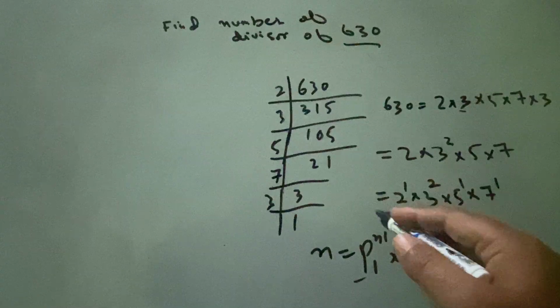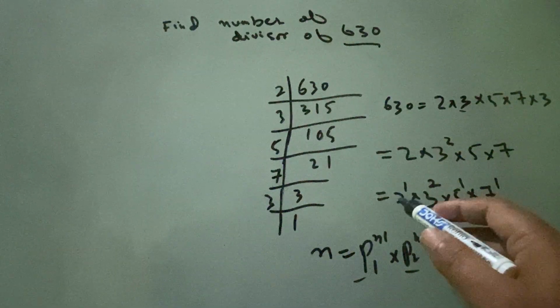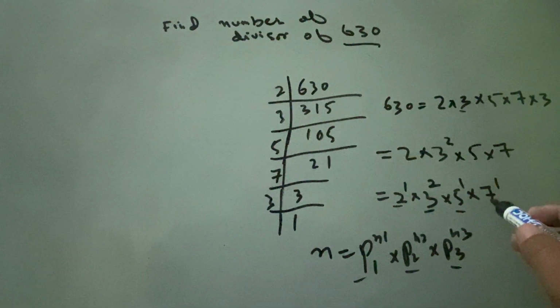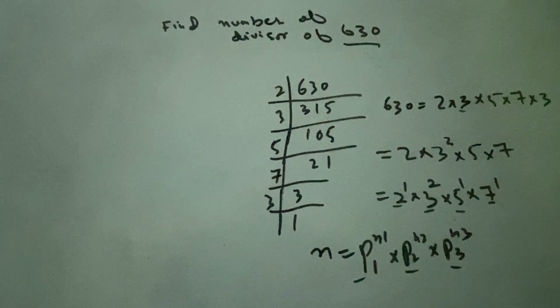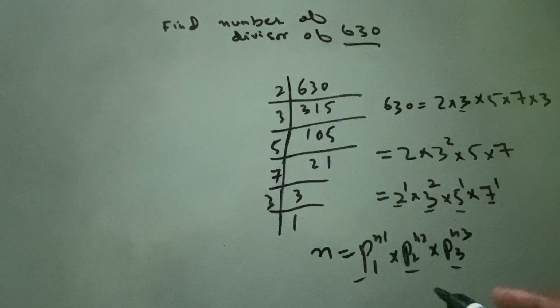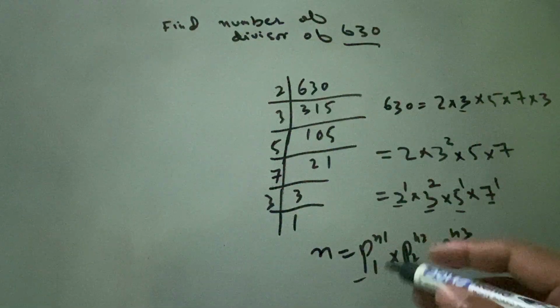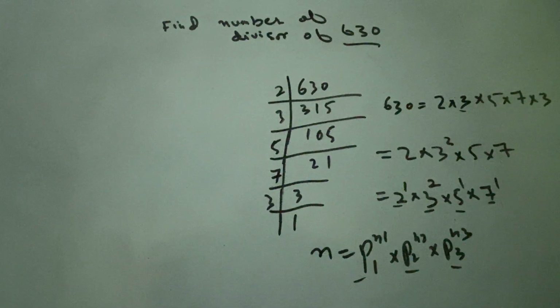Same case here: for 630, the 2, 3, 5 and 7 are prime numbers.